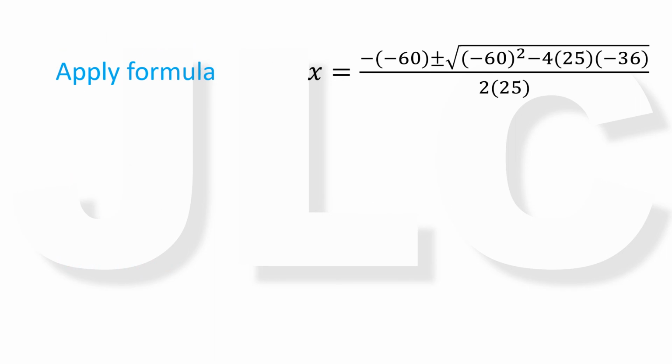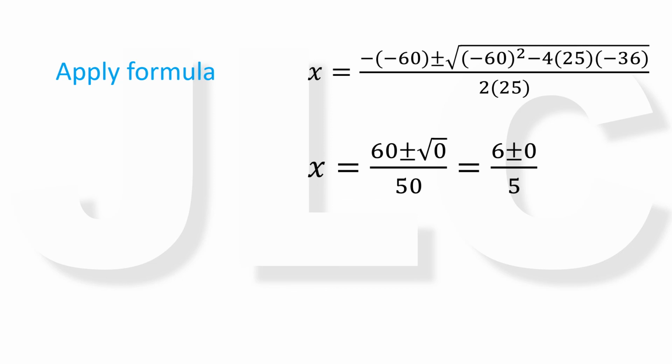Using the formula, x equals negative of negative 60 plus or minus square root of negative 60 squared minus 4 times 25 times negative 36, all over 2 times 25, equals 60 plus or minus square root of 0 over 50, equals 6 plus or minus 0 over 5. So x is equal to 6 over 5.